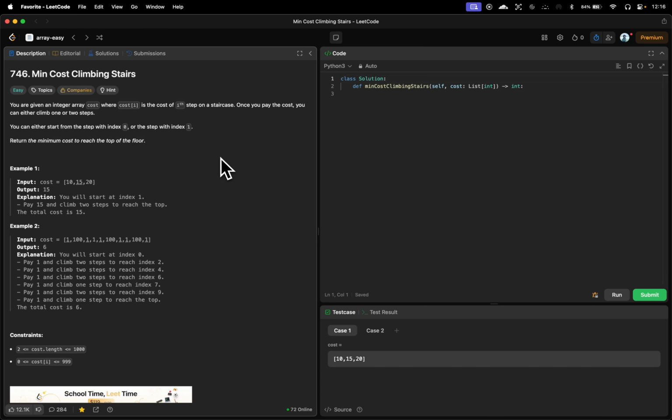Okay, it means the first step cost would be this, second would be this, third would be this. Once you pay the cost, you can either climb 1 or 2 steps. And you can either start from 0 or 1, and you need to find the minimum cost to reach the top of the floor. Okay.